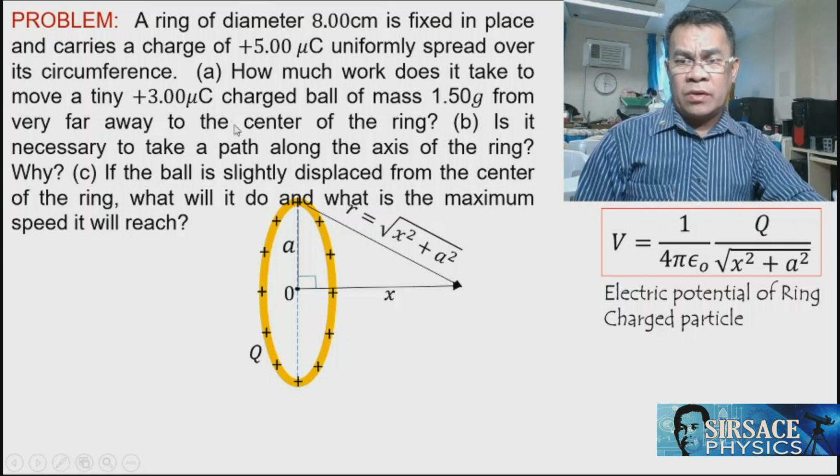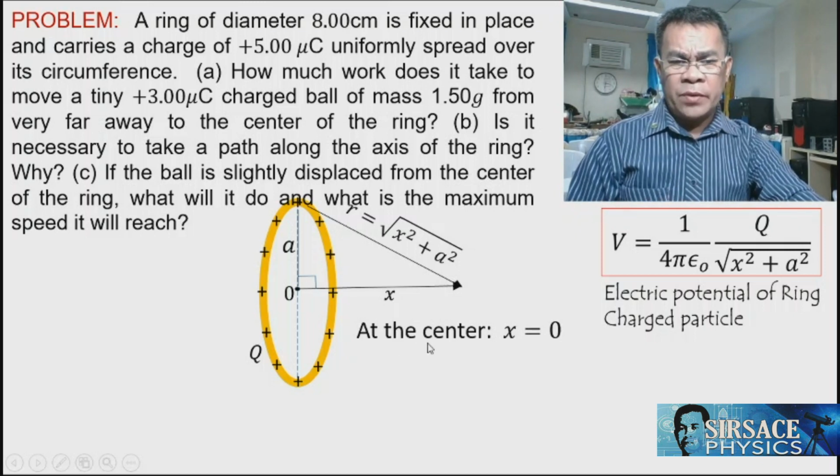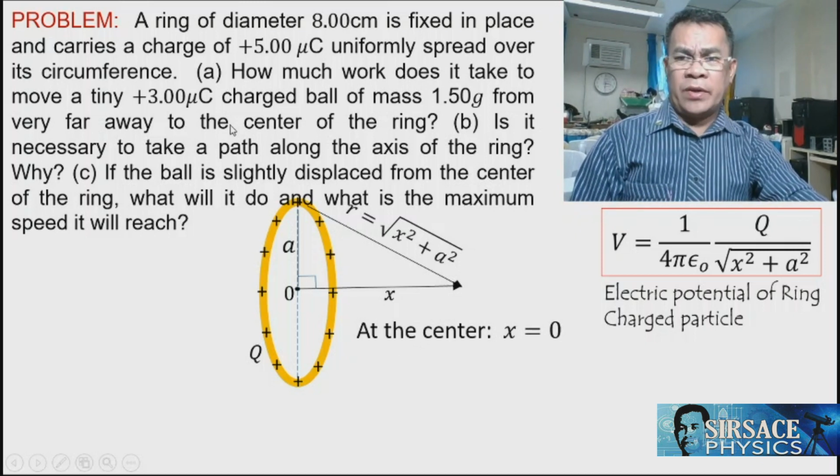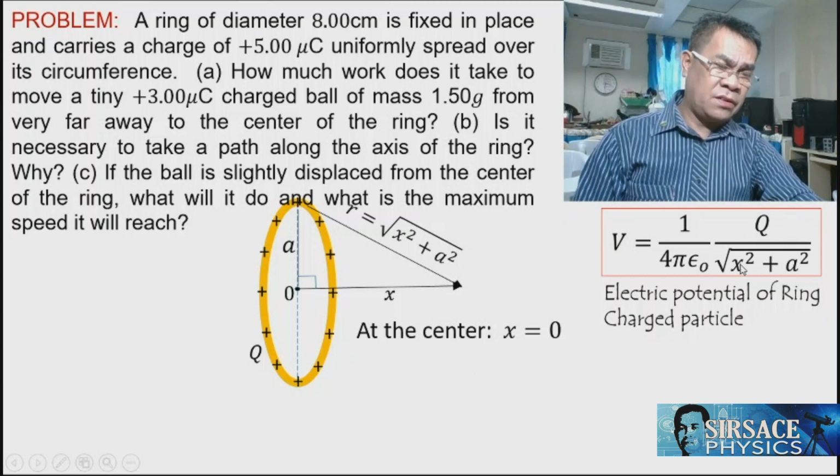The final point is located at x equal to what? If the problem is from the center of the circle, then x must be 0. So if the final point is located at the center, we must set x equal to 0 and substitute it here.